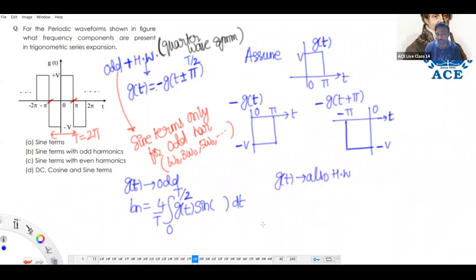Then what is the further change in the formula? 4 by T becomes 8 by T. Integration is done for a quarter of the period, 0 to T by 4, not half the period. As integration is done for 1/4 of the period, it is called quarter wave symmetry.